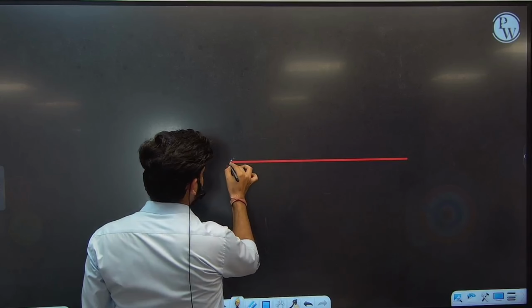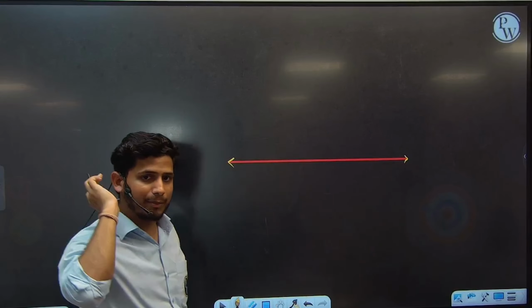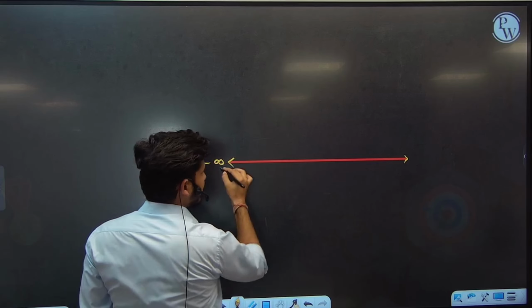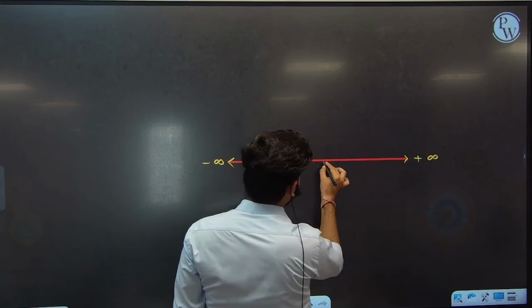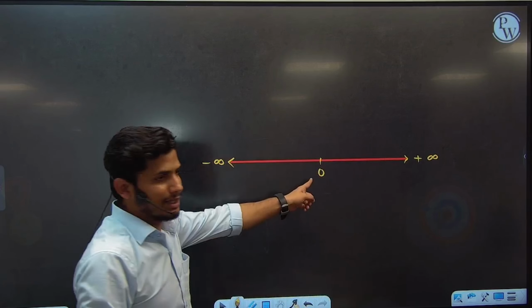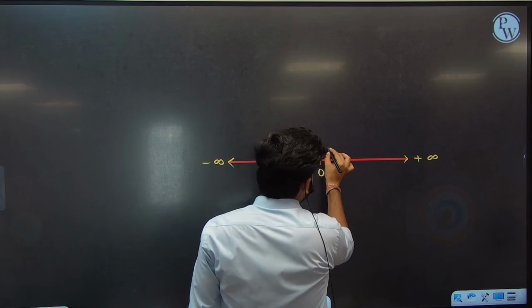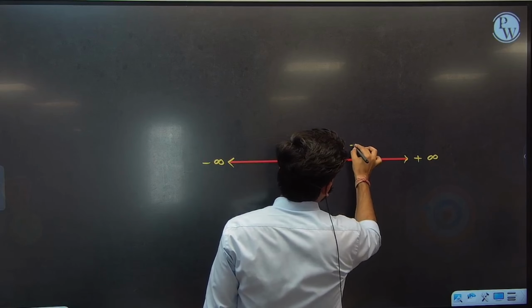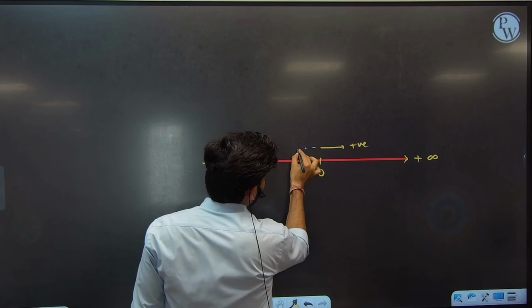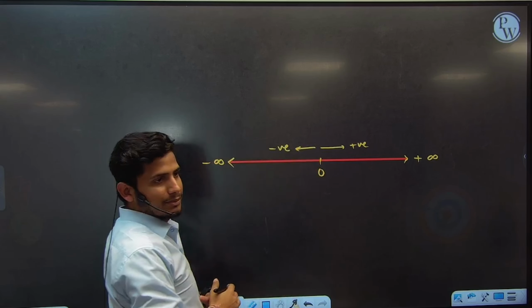This is your number line, from minus infinity to positive infinity, and here 0. 0 is a special integer which is neither positive nor negative. Just greater than 0, all values are positive, and on the left side all values are negative.